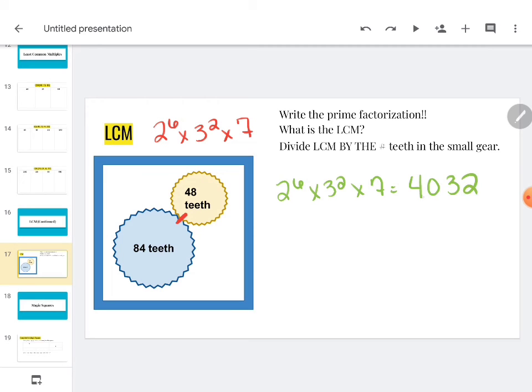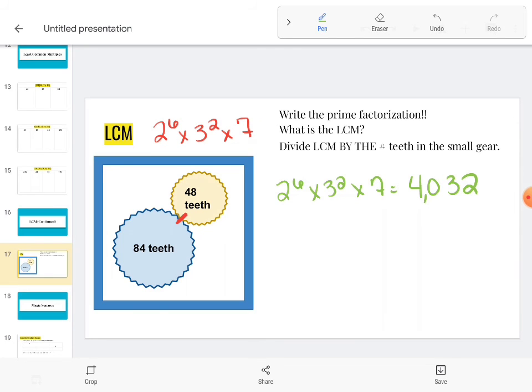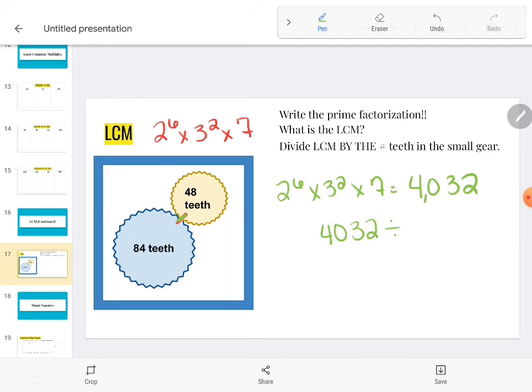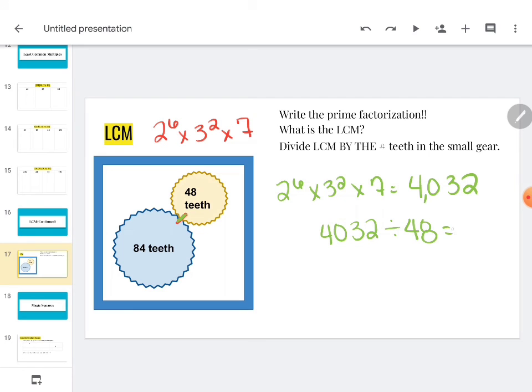Now, in order to find how many times it takes for the small gear to spin before it hits the same point on both gears right here, we need to divide 4,032 by our number of teeth in the small gear, which is 48.